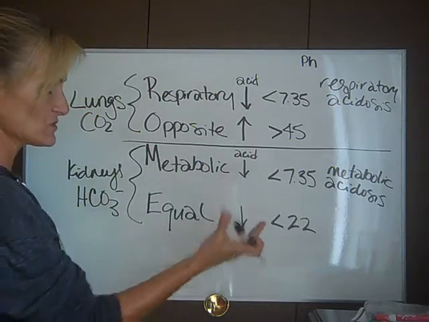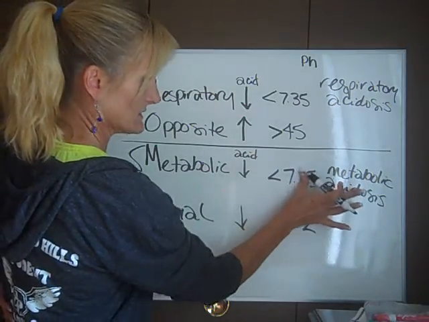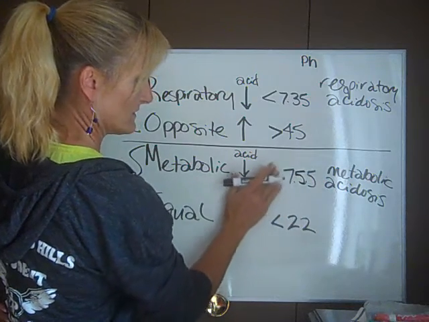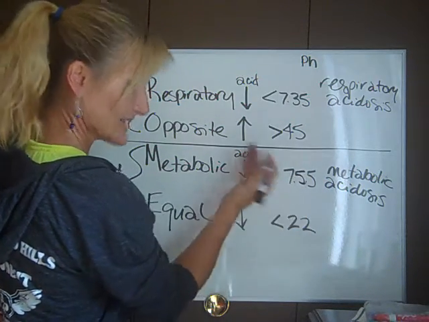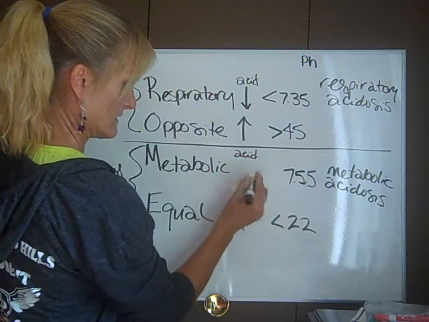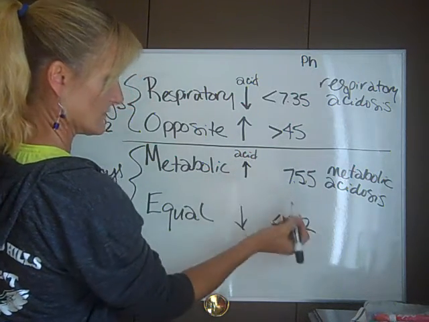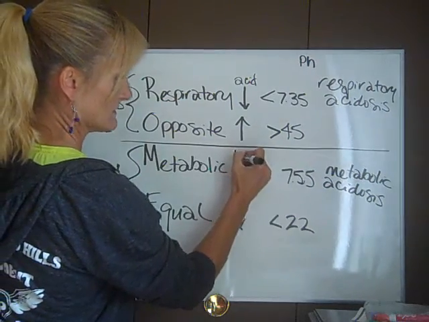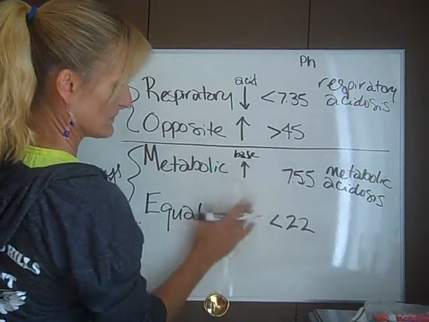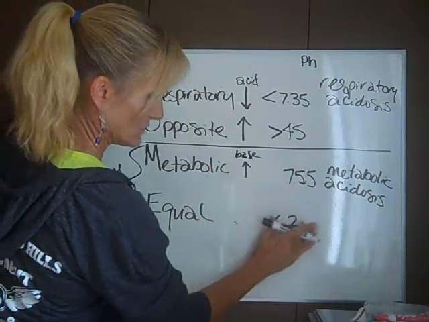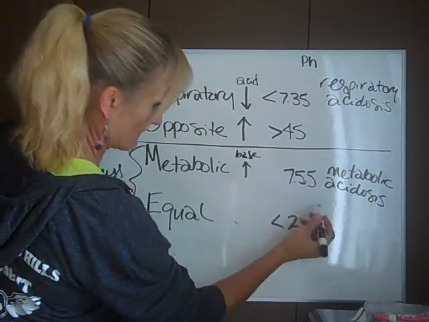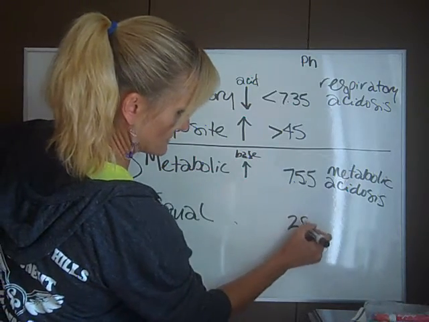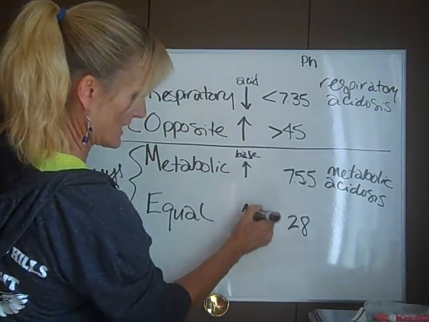The same thing would be true, like let's say that this is 7.55, so that's high, so it's going to go like this. Now I have a base or an alkaline problem, and then if you look down at your bicarb and you find out that it's greater than, let's say it's 28, now that one's also high.